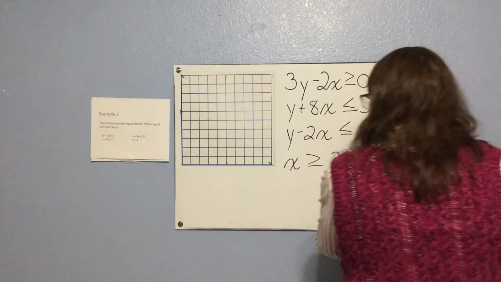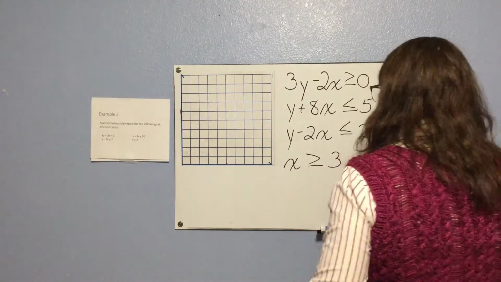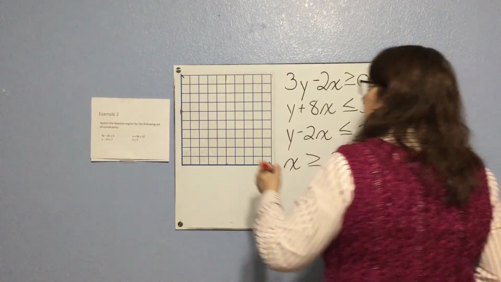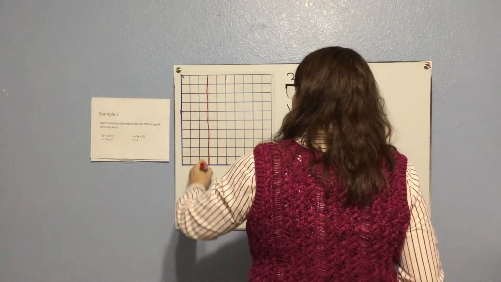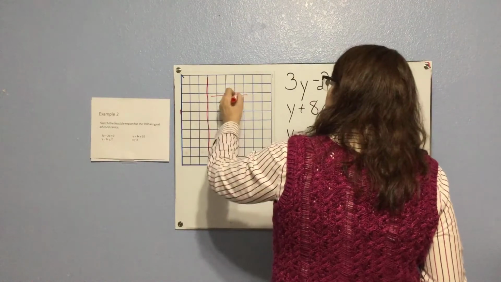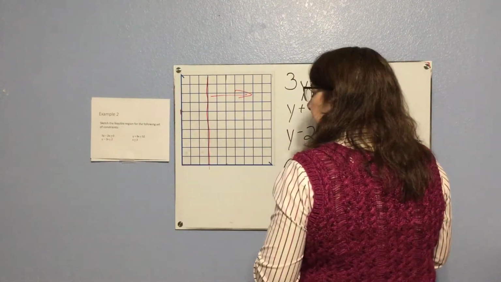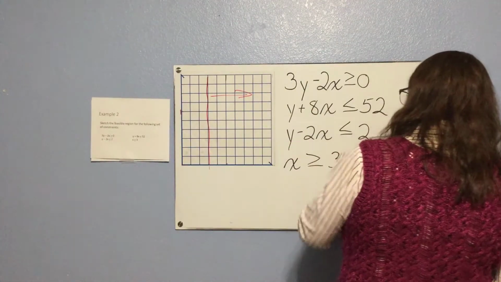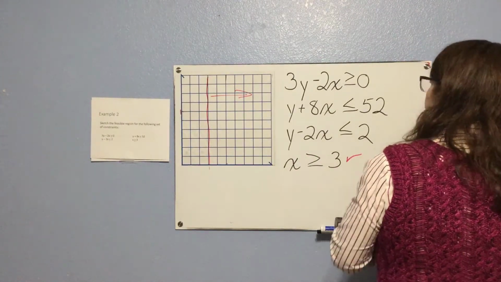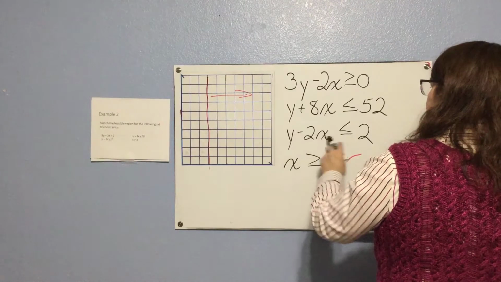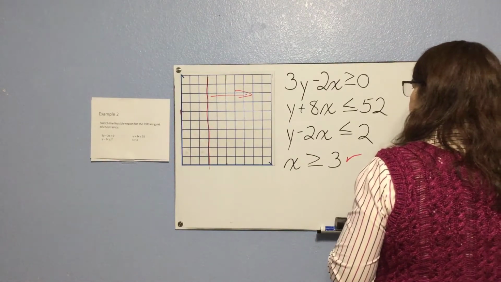Okay, I'm going to start with the easiest one. x equals 3, or x greater than or equal to 3. So that's just my vertical line here, and it would be shaded this direction. So this one's done. Now let's look at y minus 2x less than or equal to 2.